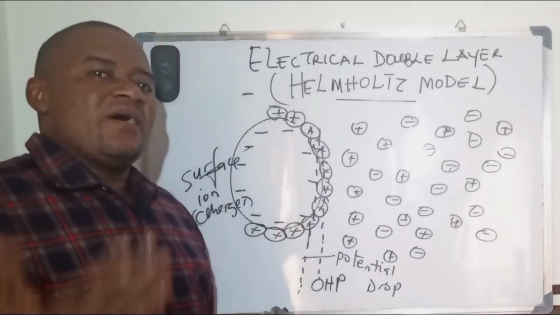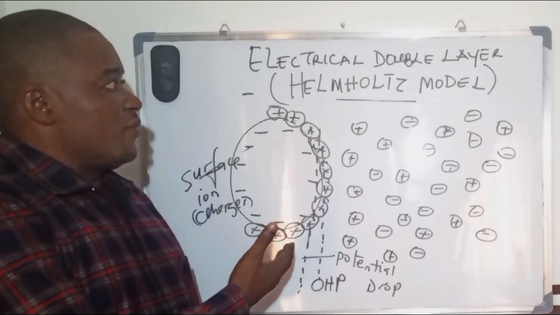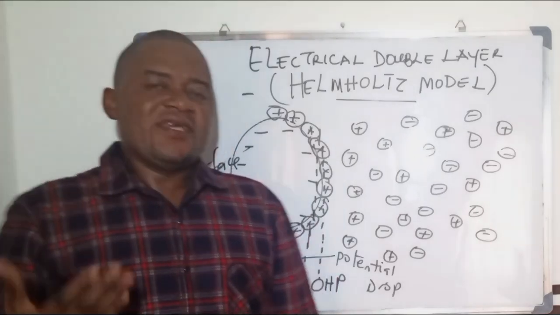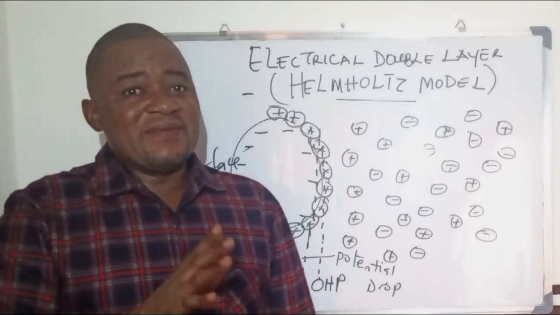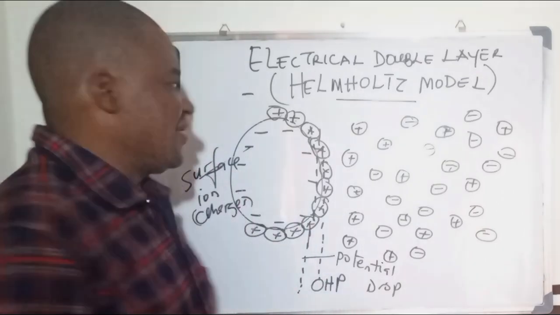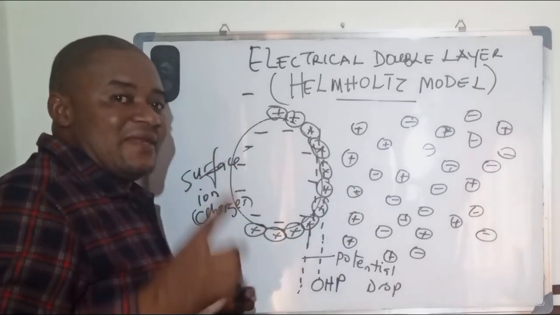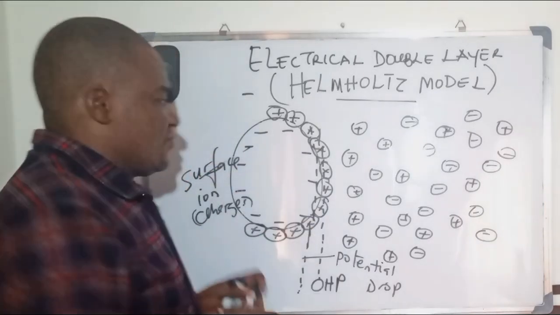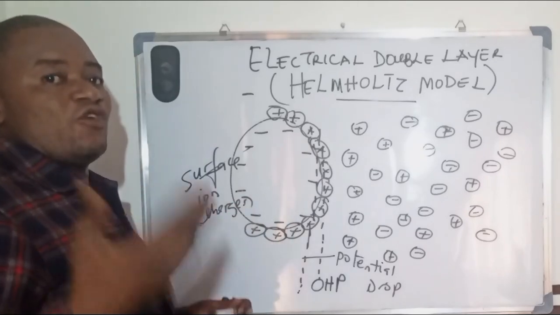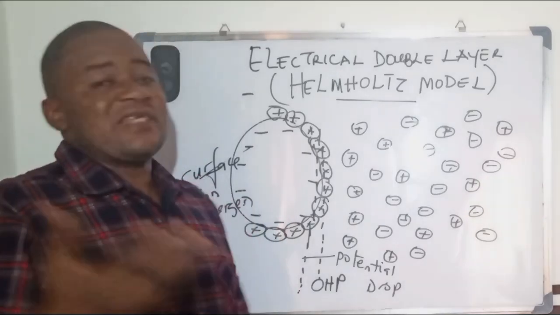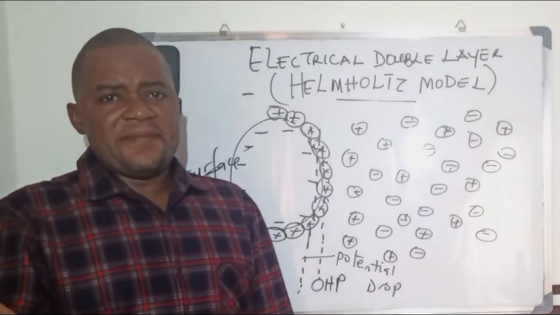The problem with the Helmholtz description of the double layer is that he did not take into cognizance diffusion and mixing of ions. Remember that he said these ions acquired by the electrode are static and rigid. But that cannot be completely true, and that has been proven by Stern.